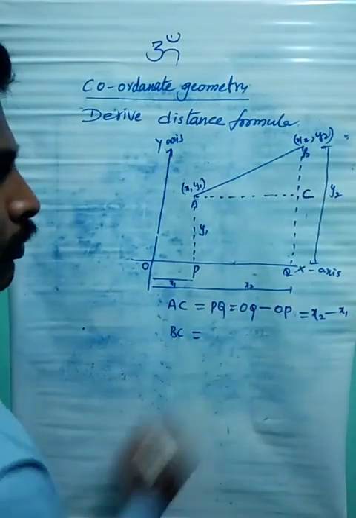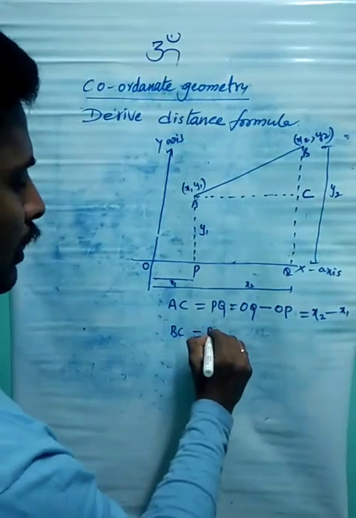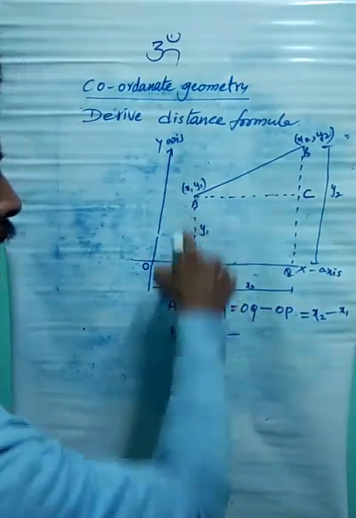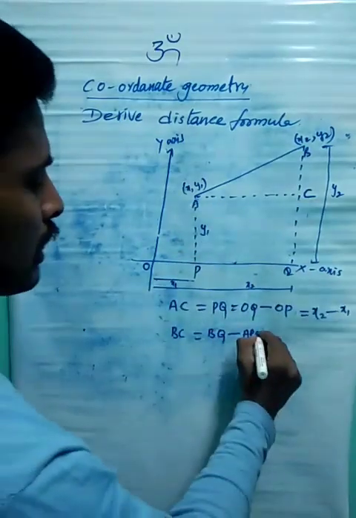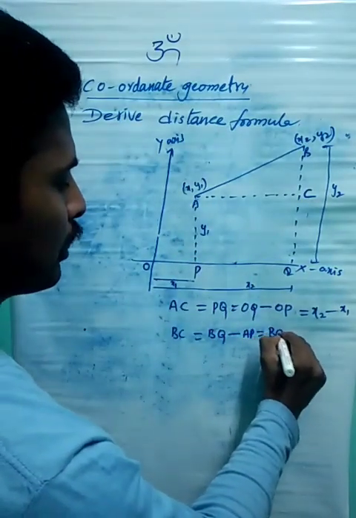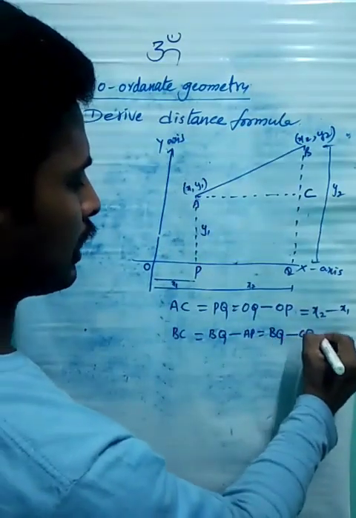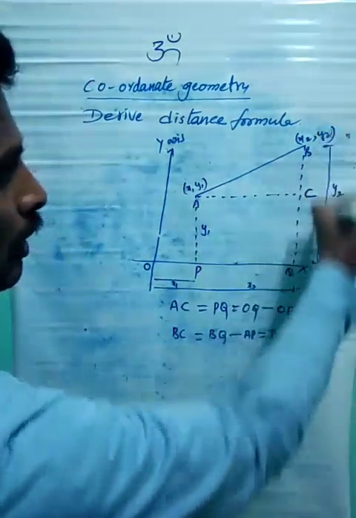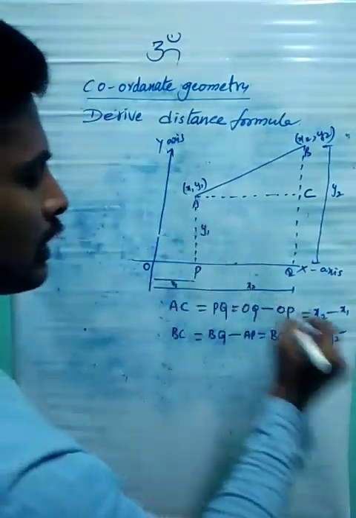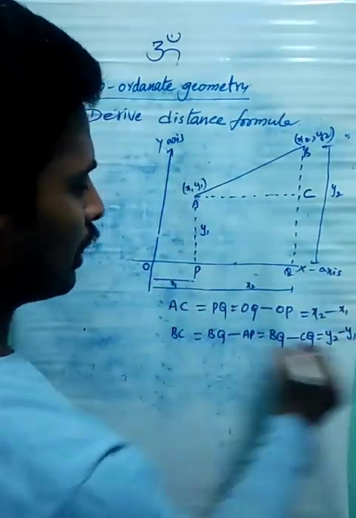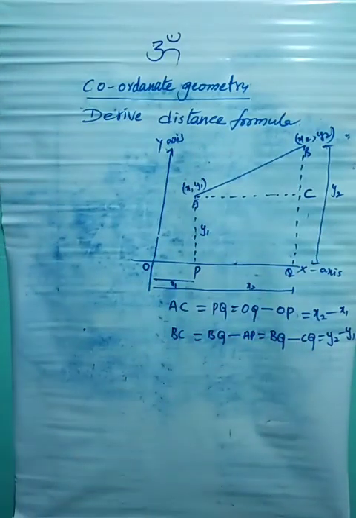BC is equal to BQ minus AP, because AP is parallel to CQ, so that is BQ minus CQ. The total BQ distance is y2 minus the CQ distance y1. Now I'm finding the AC and BC values.